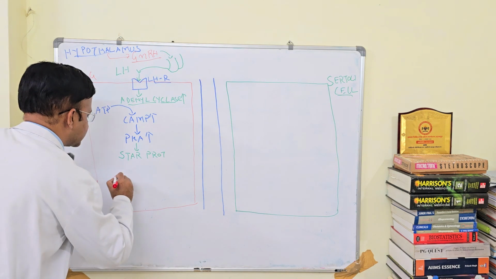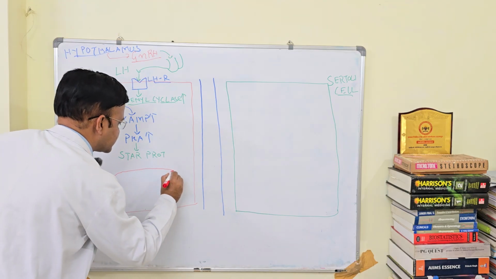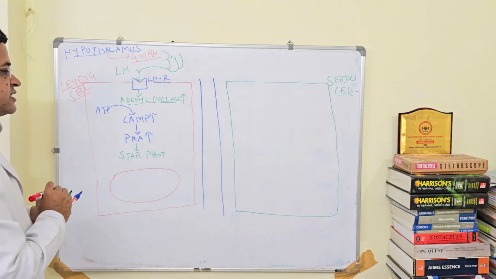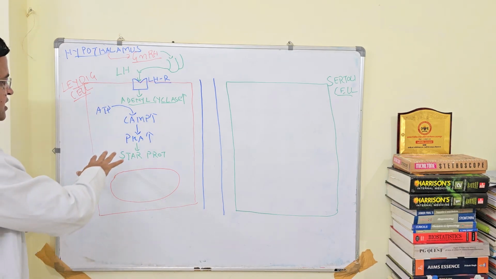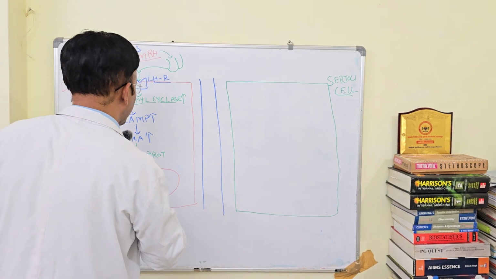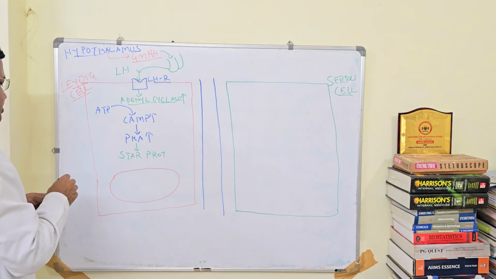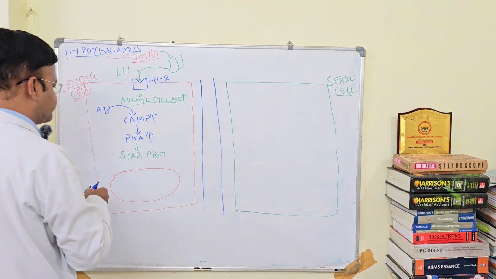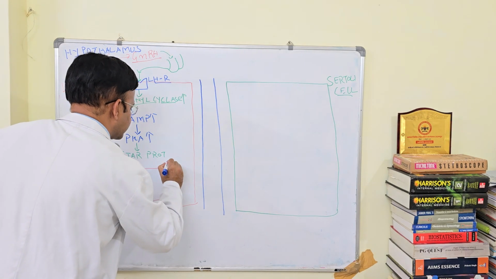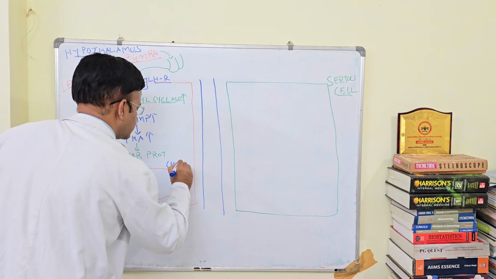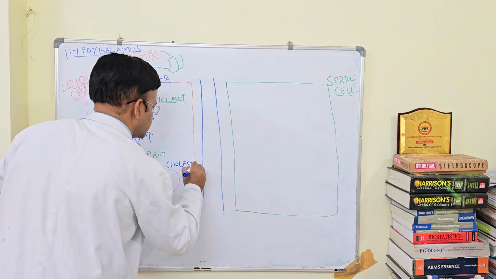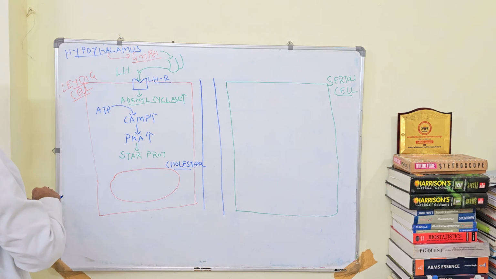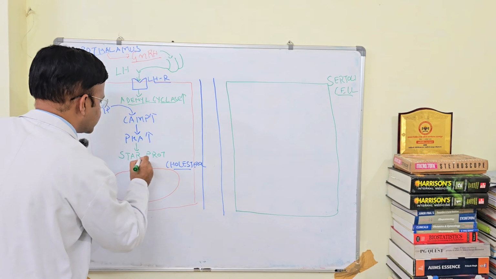This StAR protein will start a very important enzymatic chain reaction, that is the synthesis of testosterone. What this StAR protein will do is activate the cholesterol side chain cleavage enzyme, right? So you will have cholesterol over here, and it is going to stimulate your cholesterol side chain cleavage enzyme.